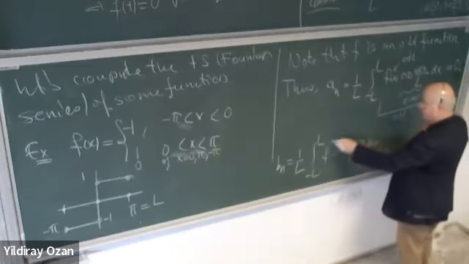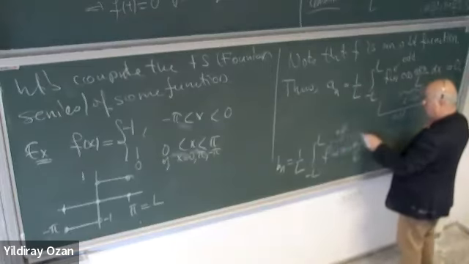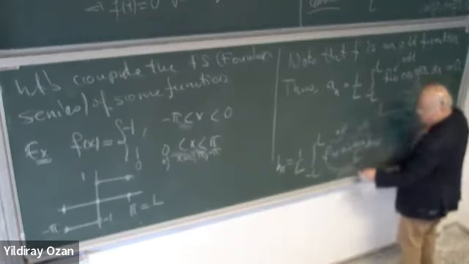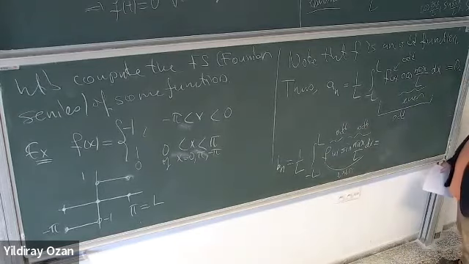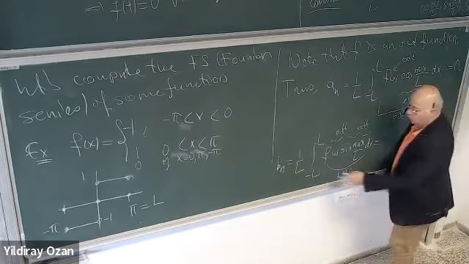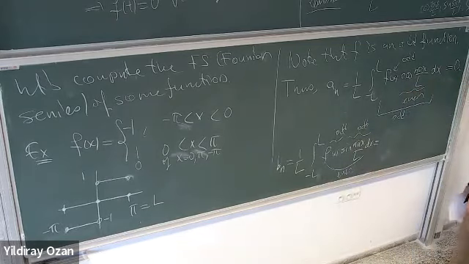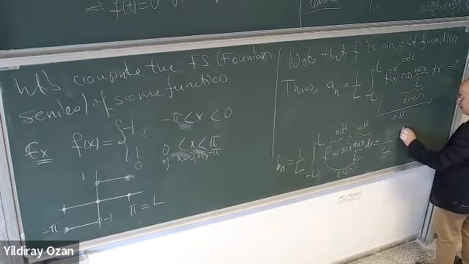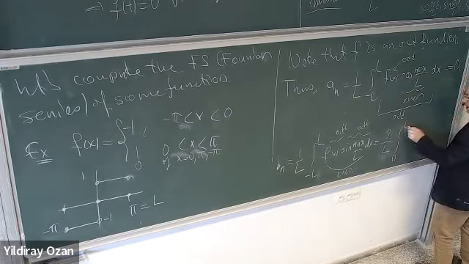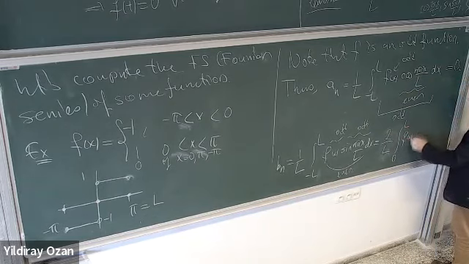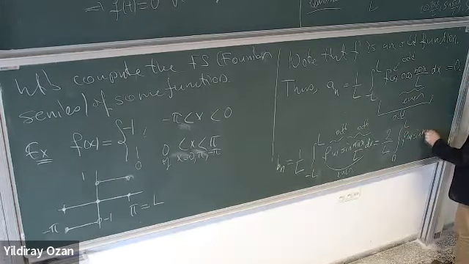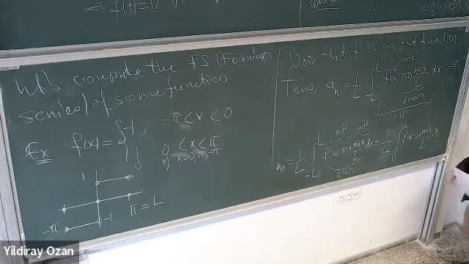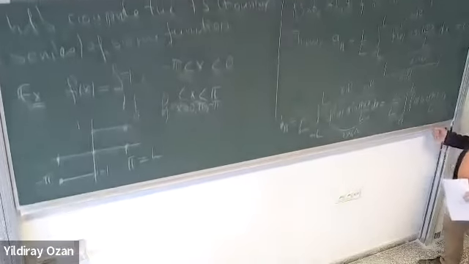What's that? Well, this is odd. This is odd. The product is even. Therefore, this is an even function over a symmetric interval about the origin. So this is just 2 times the integral from 0 to L of f of x sine n pi x over L dx. Okay, so we can make a simplification like this.